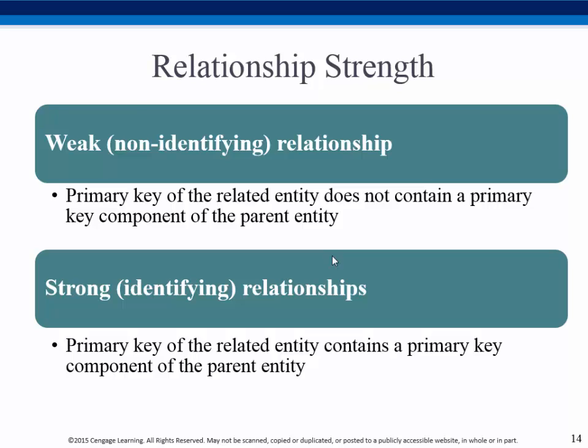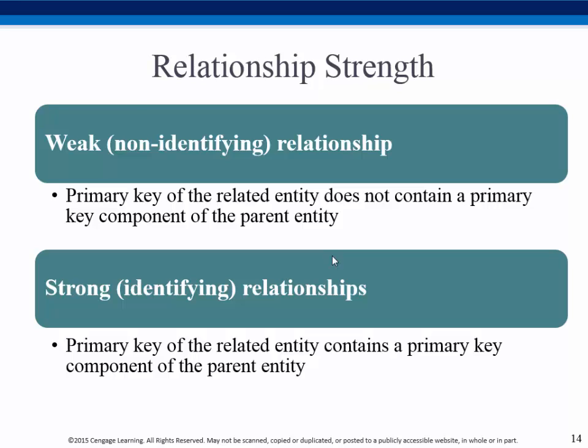A strong relationship or identifying relationship exists when the primary key of the related entity contains a primary key component of the parent entity. And it gives an example there. In this case, the class entity primary key is composed of the course code and class section.